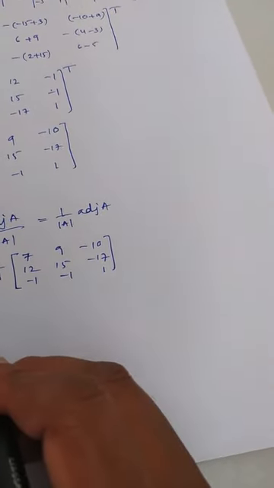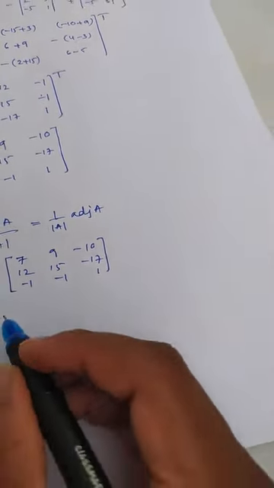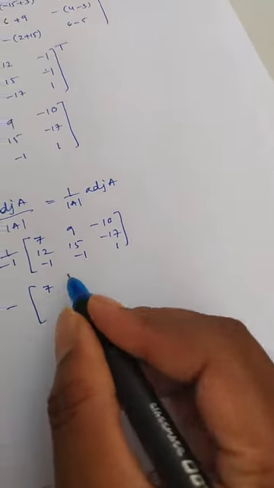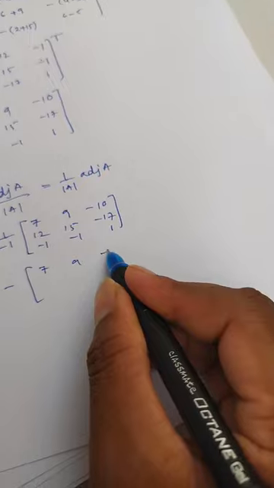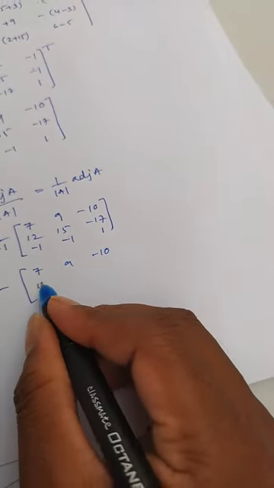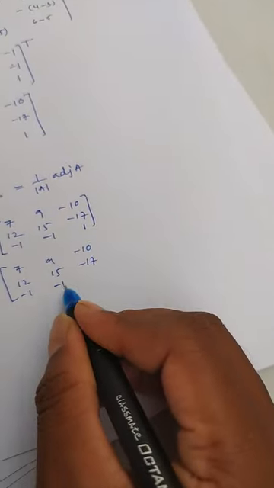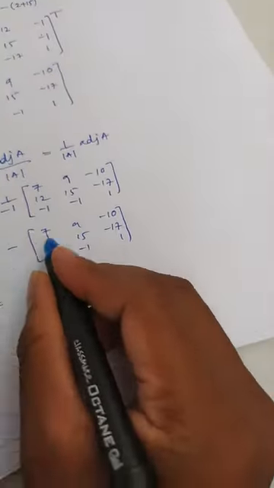Okay, right. Now 1 by minus 1 is minus 1. Minus 1 times the matrix 7, 9, minus 10, 12, 15, minus 17, minus 1, minus 1, 1. Now multiply the minus with each and every element of this matrix.